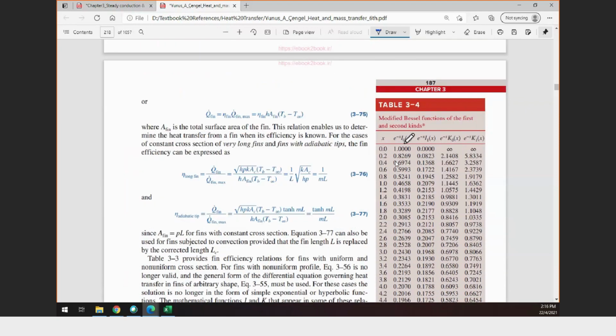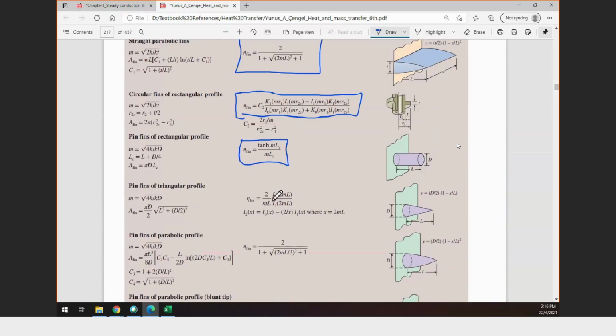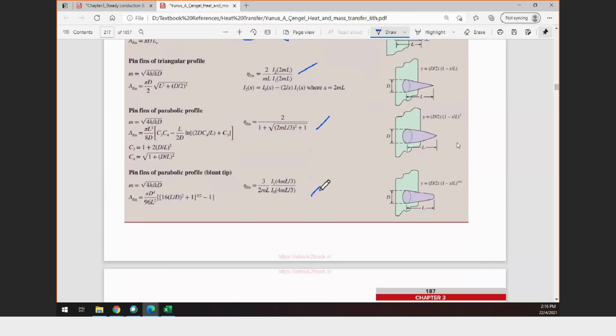This is the Bessel function of the first kind and the Bessel function of the second kind. Okay, so this is more advanced. I believe you learned this in engineering mathematics. And then this efficiency, so the same goes here and this one as well.